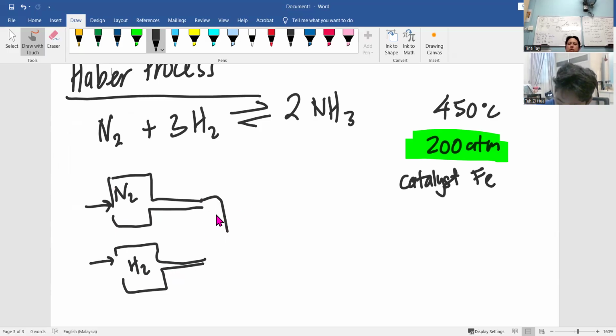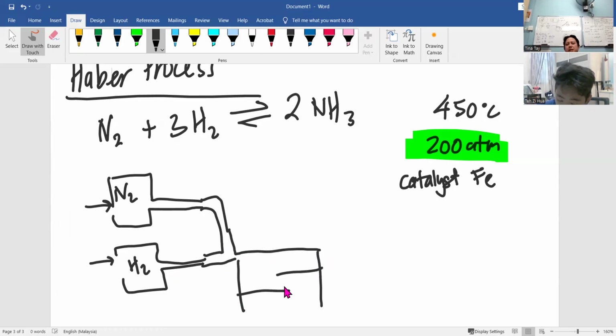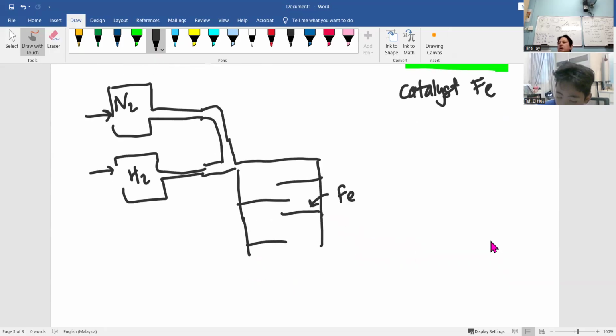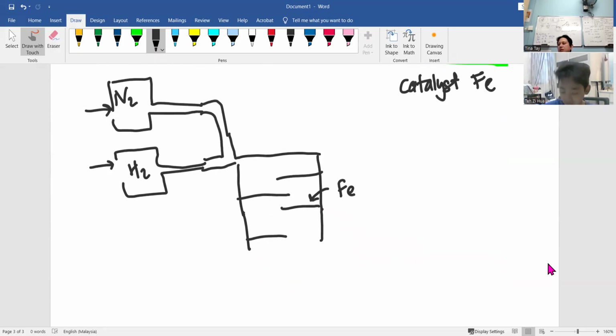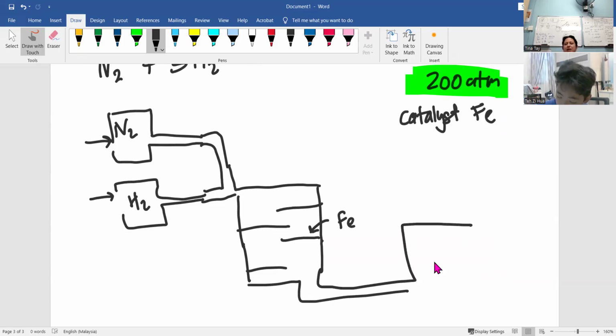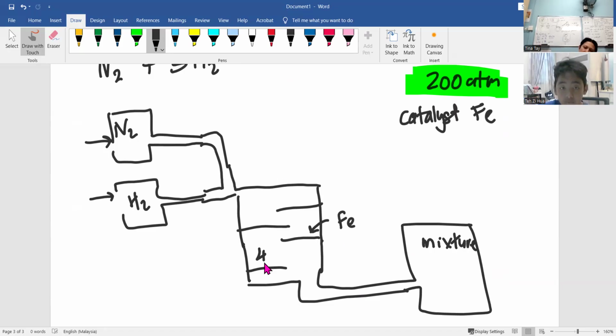Then we put it into a chamber that has iron beds. Now after the reaction, you will have a mixture. So this is iron at 450 degrees Celsius and 200 atmosphere.